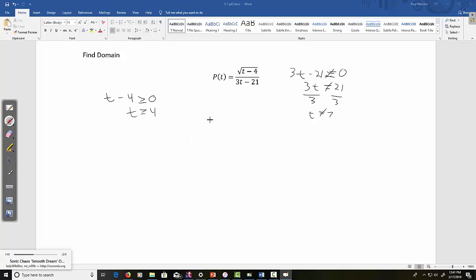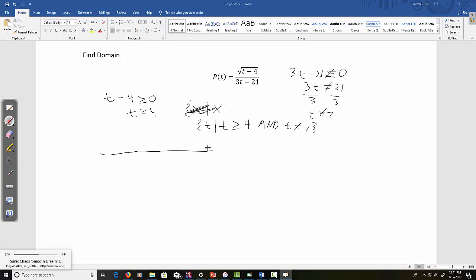So set builder's notation would be x such that x is, I'm not using x, I'm using t. T such that t is greater than or equal to 4 and t not equal 7. It's a little bit awkward.